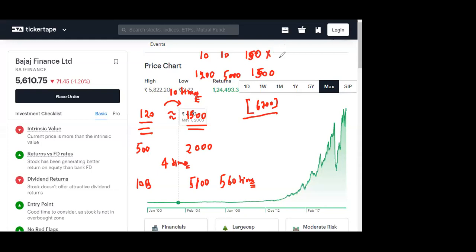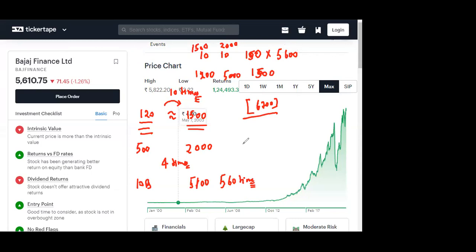Calculate. So it is 150 into 5,600, 10 into 2,000, and 10 into 1,500. Calculate and tell me what is the total amount.